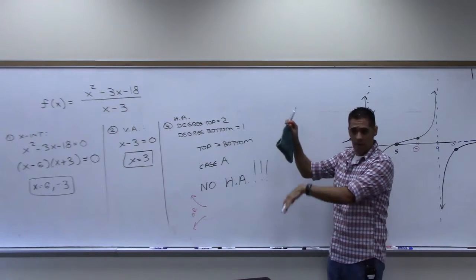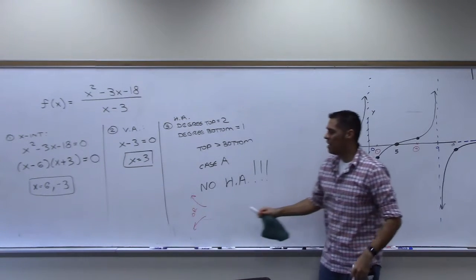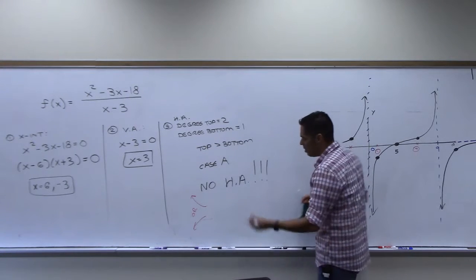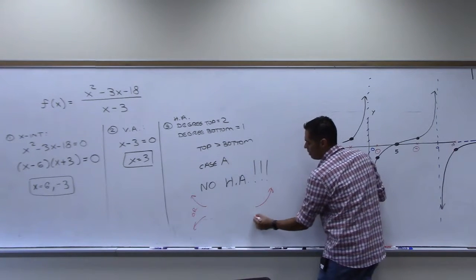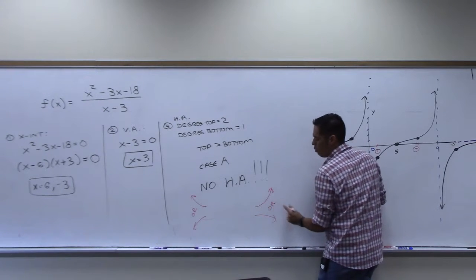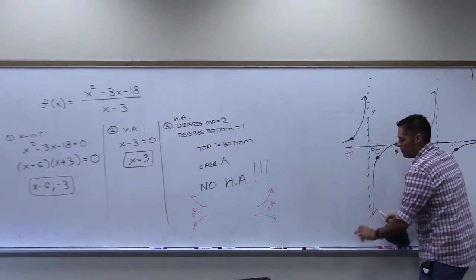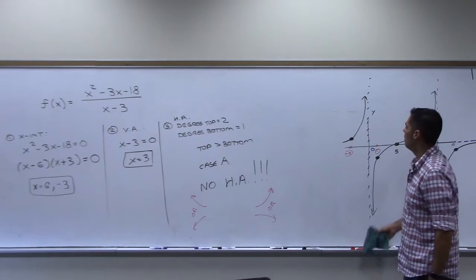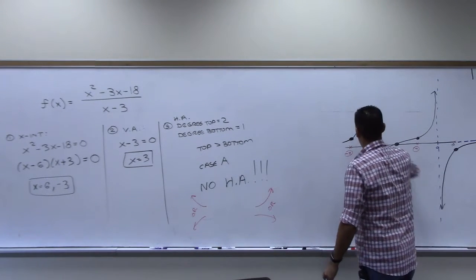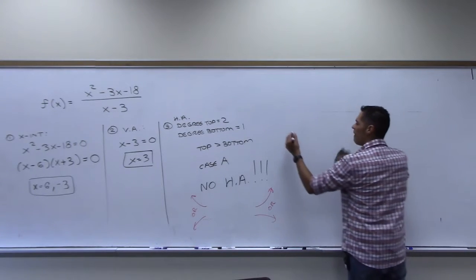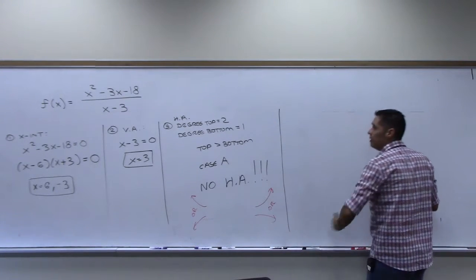We'll have to figure it out. Our test points are going to help us figure out which one of these it is. And then on the right side, same thing. It's going to go up or it's going to go down. This is an or. It's going to go up or down on the left and right. And now I proceed.